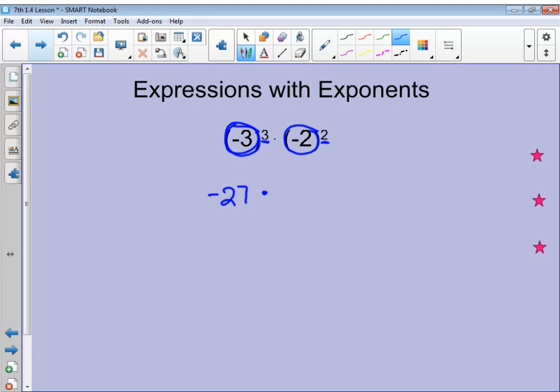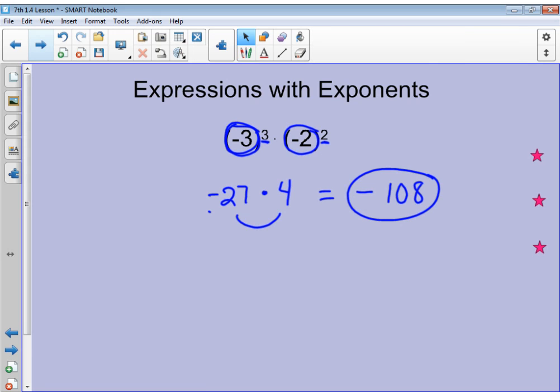So it's going to be a positive answer, and then 2 squared would be 4. Now I'm going to multiply these together. So there's 1 negative in my setup there, just 1 right here. So my answer is going to be a negative answer. And then 27 times 4 gives me 108. So we end up getting a negative 108 for that one.